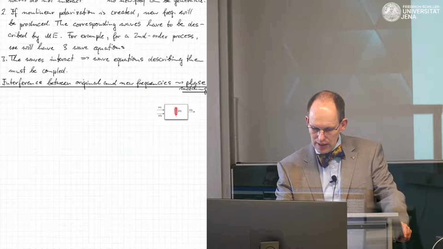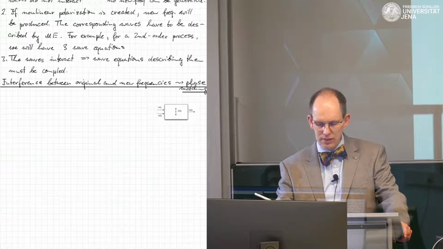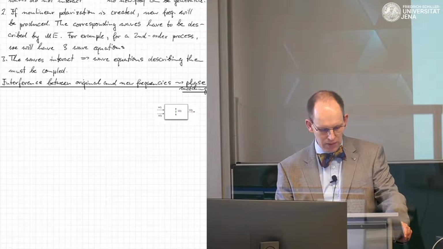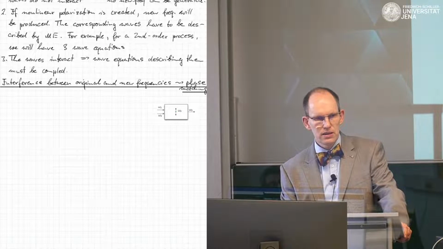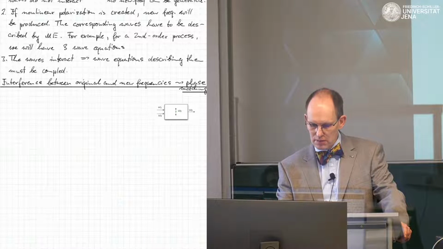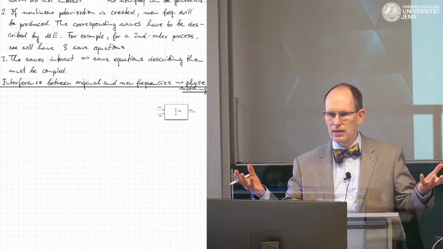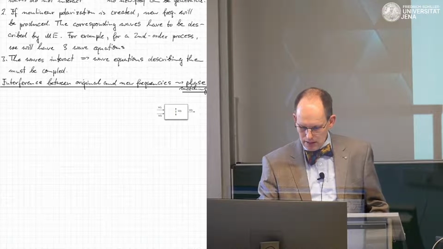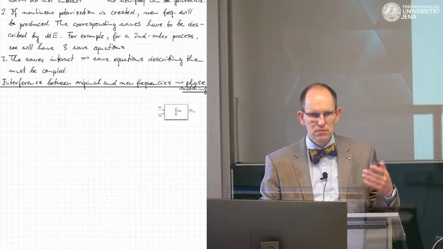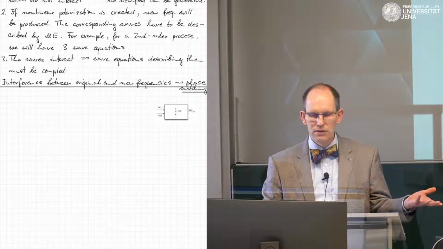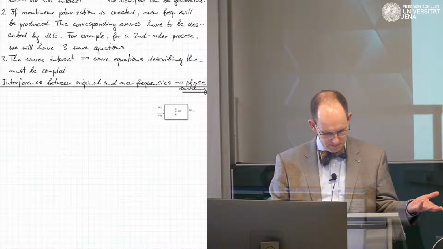So the oscillation of this dipole has a frequency component omega 3. And accordingly, this dipole will radiate in a dipole-like pattern. It will radiate a wave with the frequency omega 3.